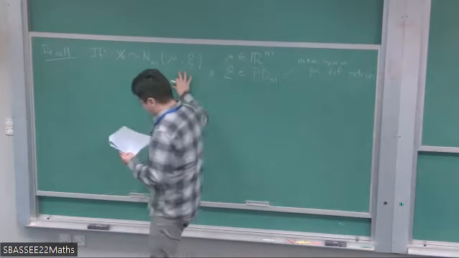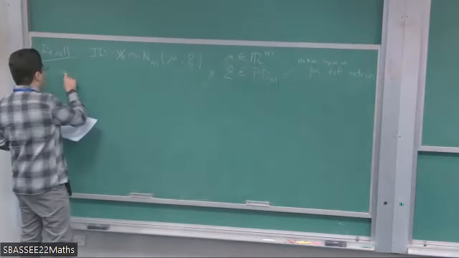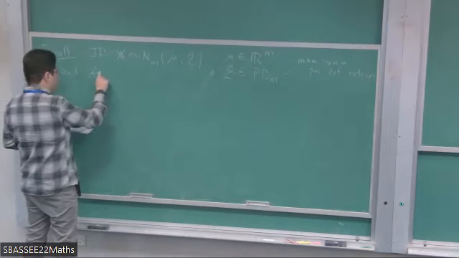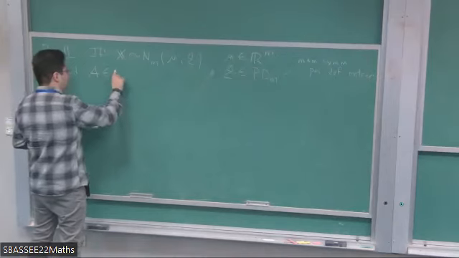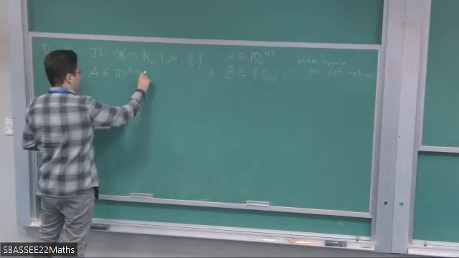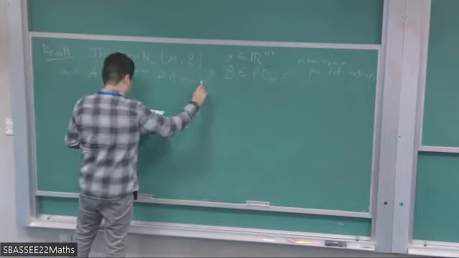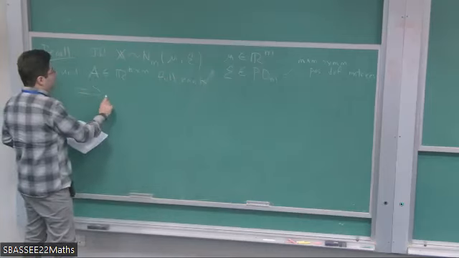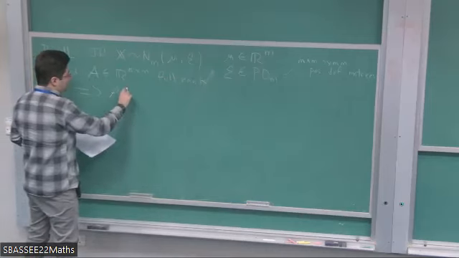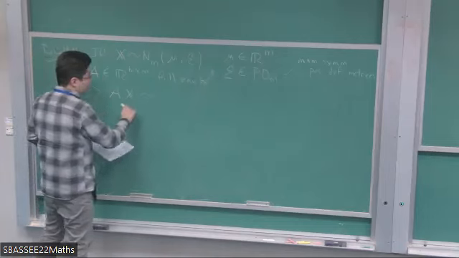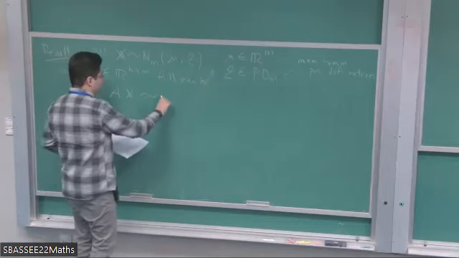And we had such a Gaussian and this linear map, a transformation A that is K by M, full rank. Then A times X was again Gaussian.